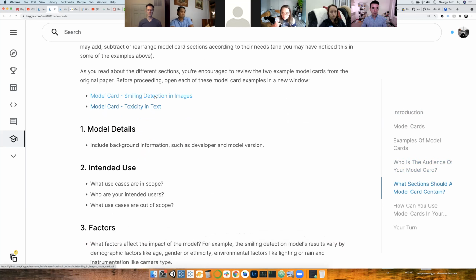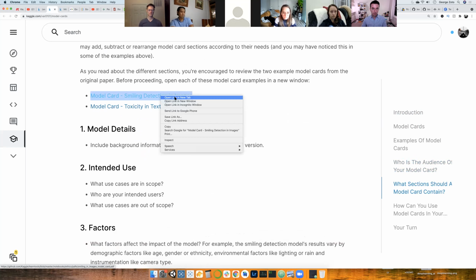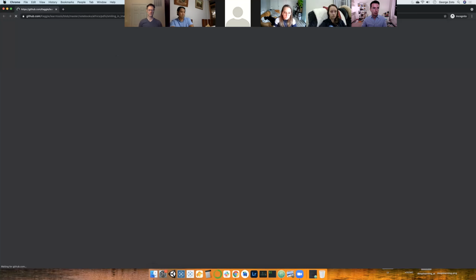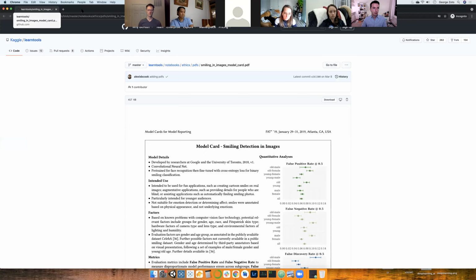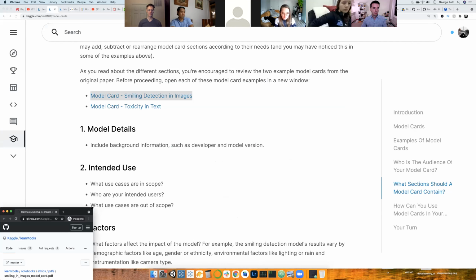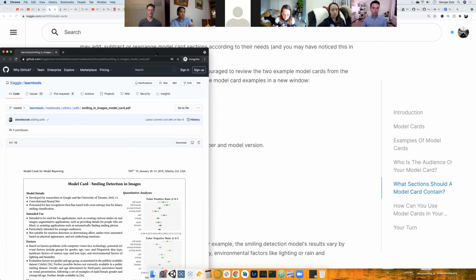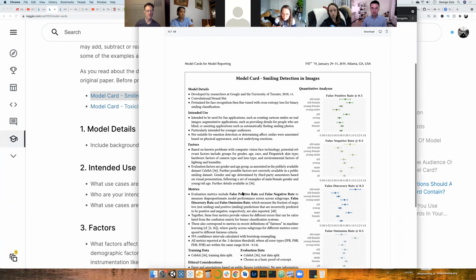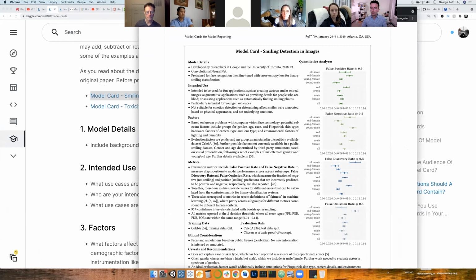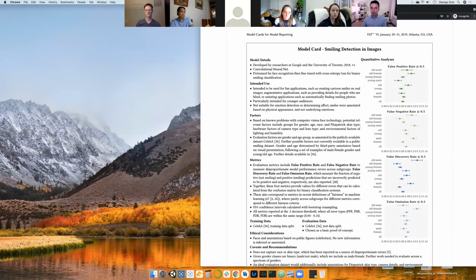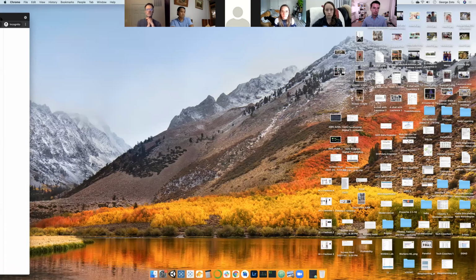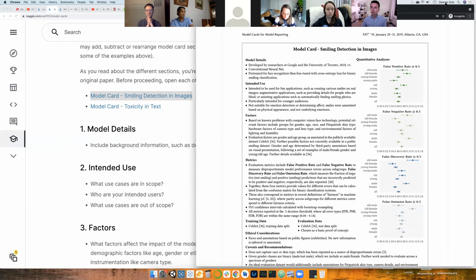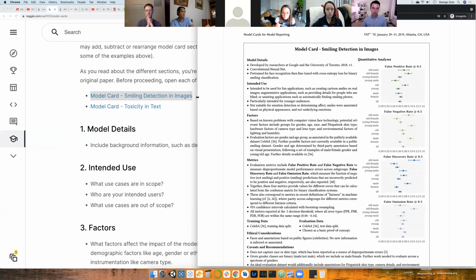So actually, let me start showing one so that we can go through it together. This is from the paper, and the goal is that just looking at the model card, we should be able to understand what it is about.